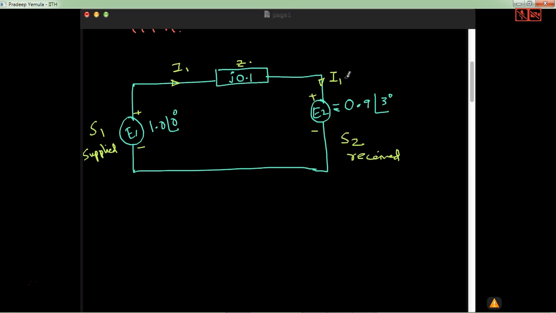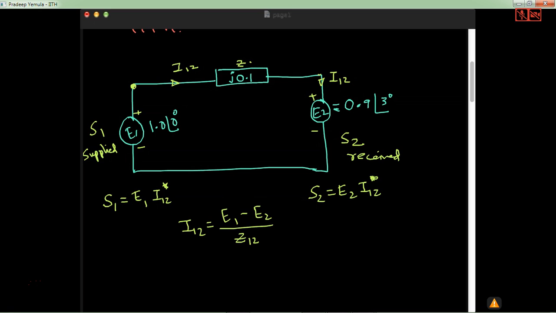Just simple Ohm's law: the potential difference is E1 minus E2 in this direction, and dividing by the impedance gives the current. So I12 is E1 minus E2 divided by Z12. These are the formulas we already did last time.